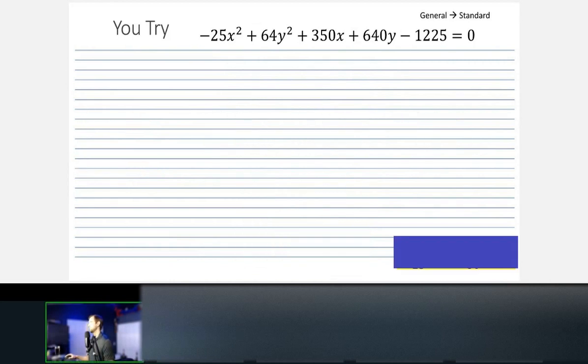All right, everyone, let's try this one. Everyone try this one. Let me give you, I don't know, say 3.5, maybe 4 minutes. Ready, go.